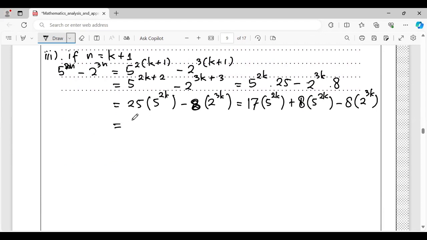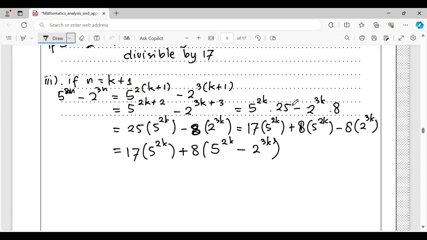And it is going to be like this: 17 times 5 power 2k plus 8 times 5 power 2k minus 2 power 3k.